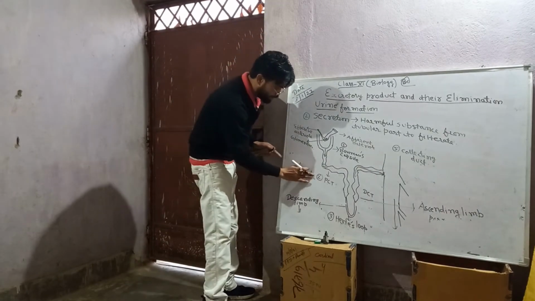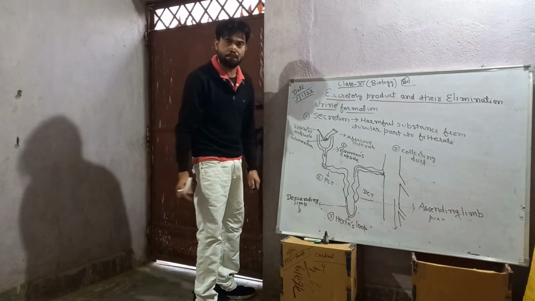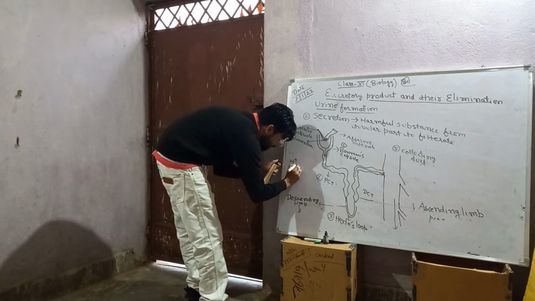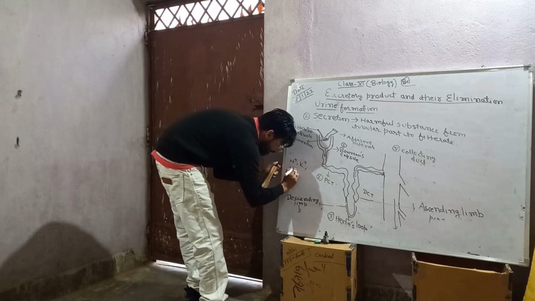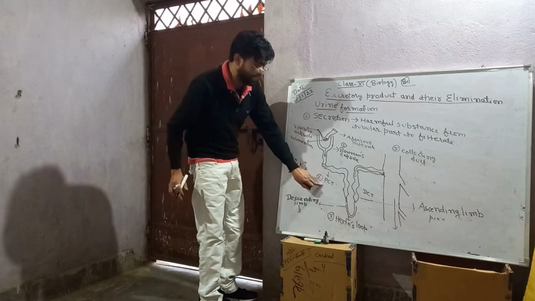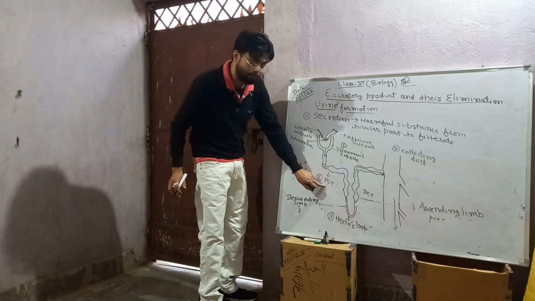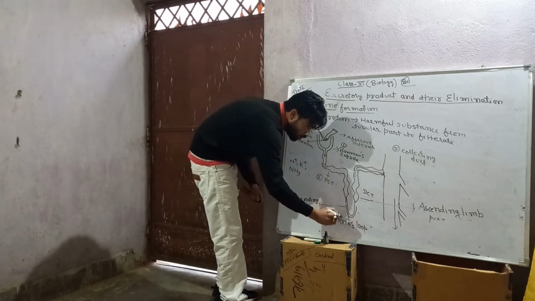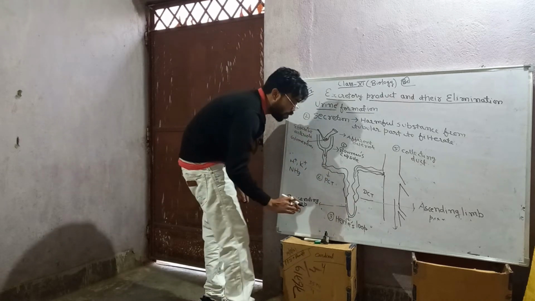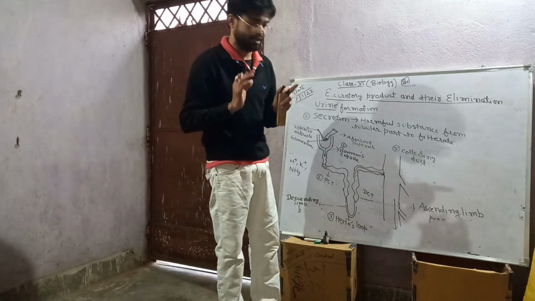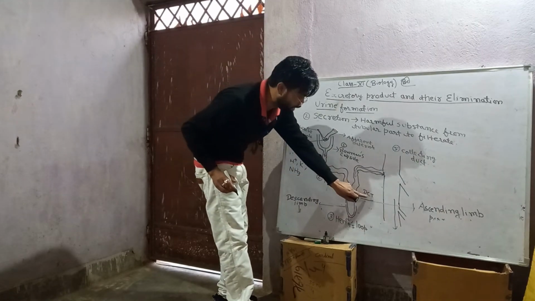Now see, in the tubular part, the first one is the PCT. Here H plus, hydrogen ion, potassium ion and ammonia are secreted and added to the filtrate. Now it moves to the Henle loop. In the Henle loop, only the ionic or osmoregulation balance occurs. After that it moves to the DCT.